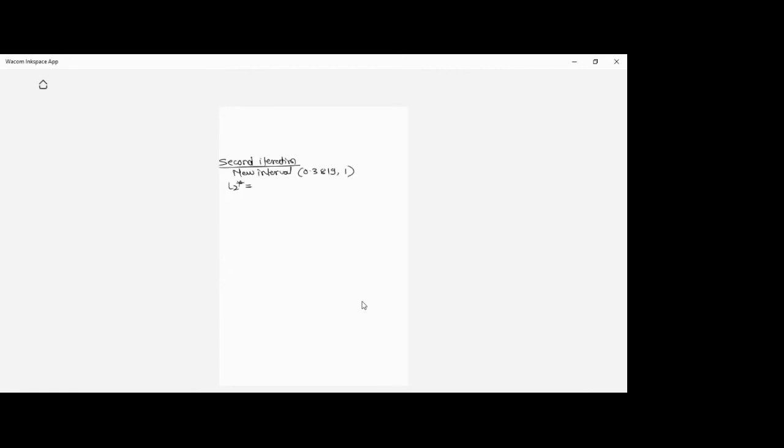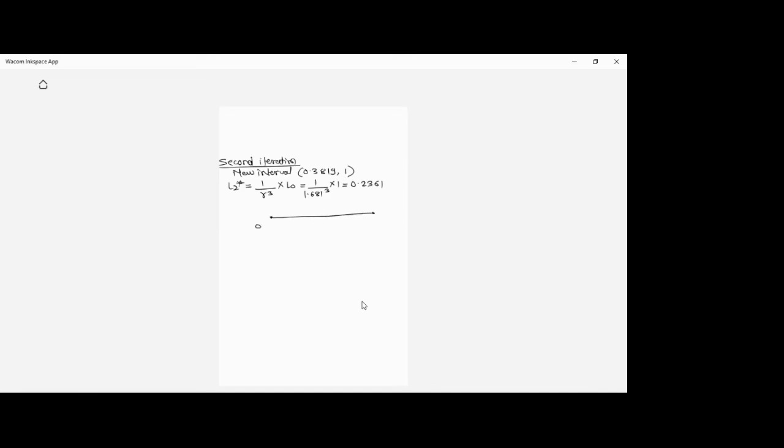L2 star can be given as 1 upon R cubed into L0. This is important: 1 upon 1.618 cubed into 1. If you find out this value, it comes out to be 0.2361, right?